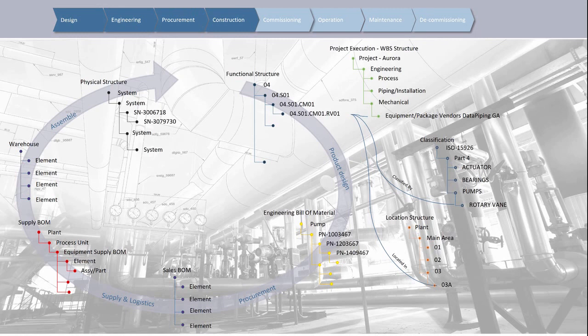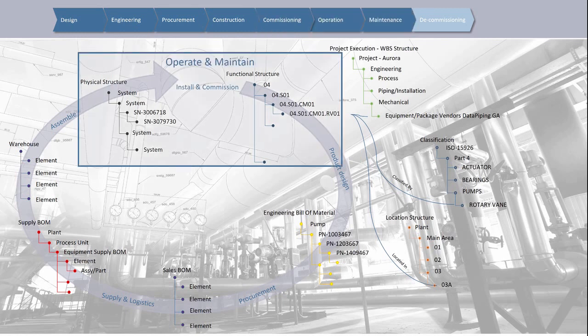The physical delivery for the product to be installed includes supplier documentation, product documentation, spare parts lists, and certificates. The relationship between functional structure, so the tag, and physical structure, the serial numbers and the physical products which you can touch, constitutes the basis for installation and commissioning procedures.